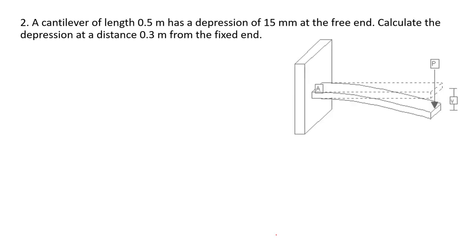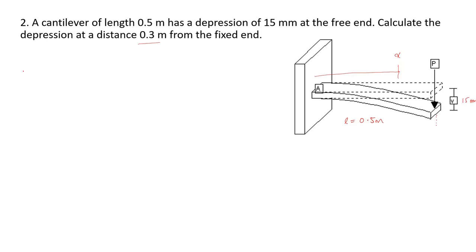Here we are given a cantilever whose length is 0.5 meter, and the depression at the free end, the experienced depression Y, is 5 millimeter. Now we are asked to calculate the depression at a distance 0.3 meter from the fixed end, at a distance x.